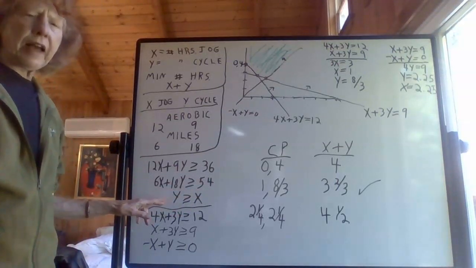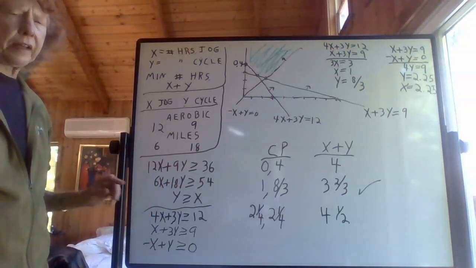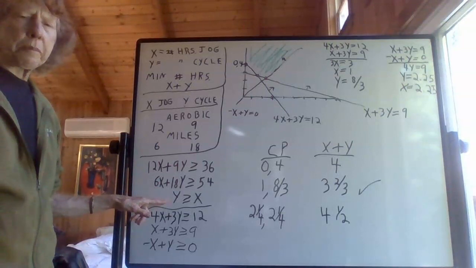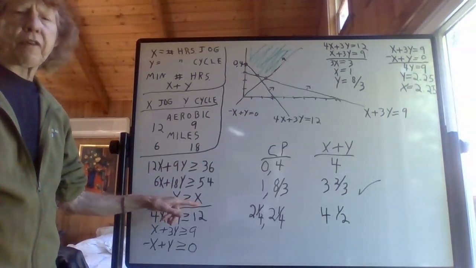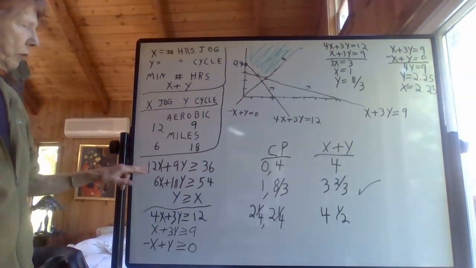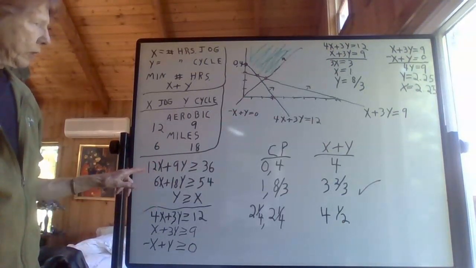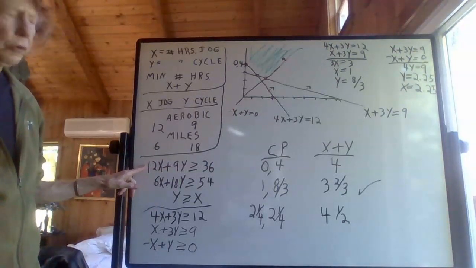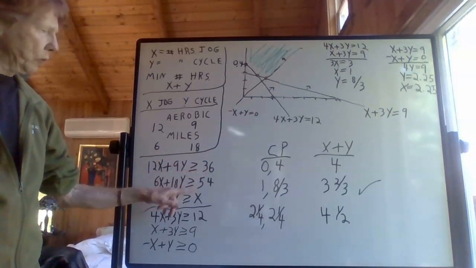But then she has an added constraint that we didn't really put in our grid here, that she wants the number of hours that she spent cycling to be greater than or equal to the number of hours that she jogs. So these are our 3 constraints here, and we're going to simplify them now. You'll notice 3 goes into each number here. 3 into 12, 4, 3 into 9, 3, 3 into 36, 12.